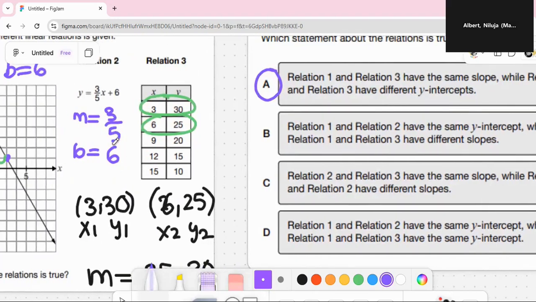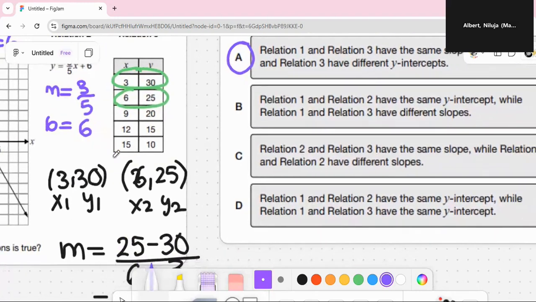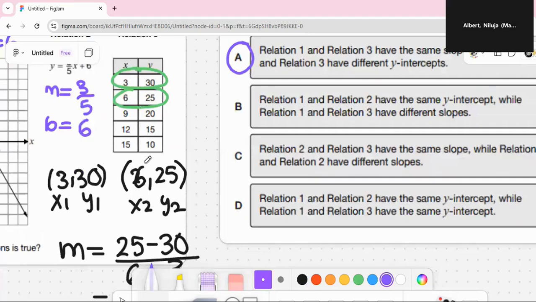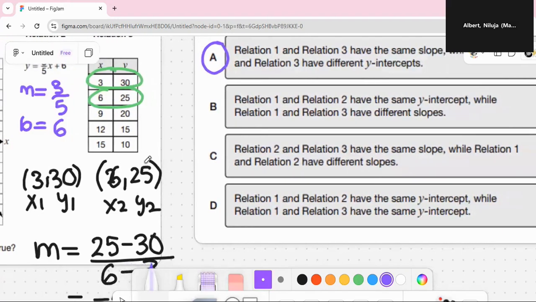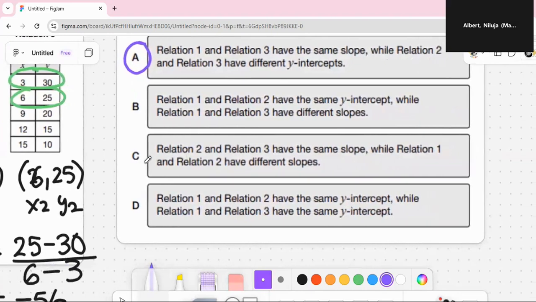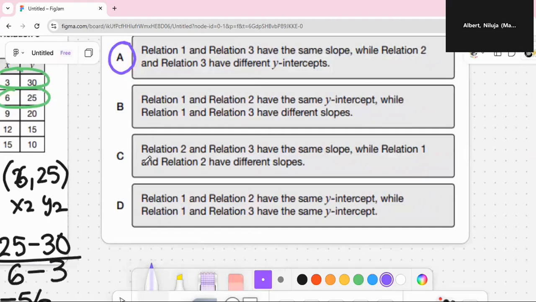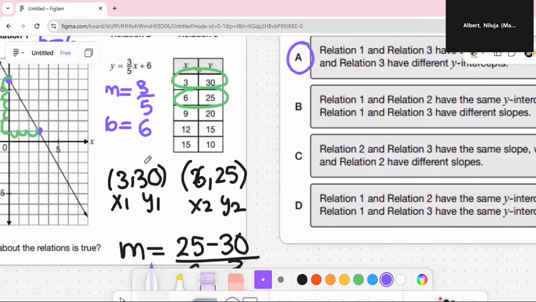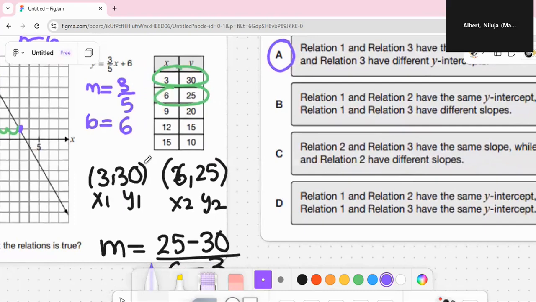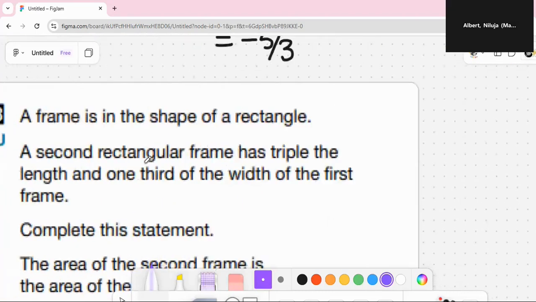Well, if I look at relation 2 and relation 3, I would have to find an equation y is equal to mx plus b and solve for b to figure out if that is true, but I'm going to give you time on your own. We have calculated that relation 1 and relation 3 have the same slope, but we might be able to find out the different y-intercepts by substituting into the y is equal to mx plus b formula. So I'm going to leave that for you to do while we move on to the next question.